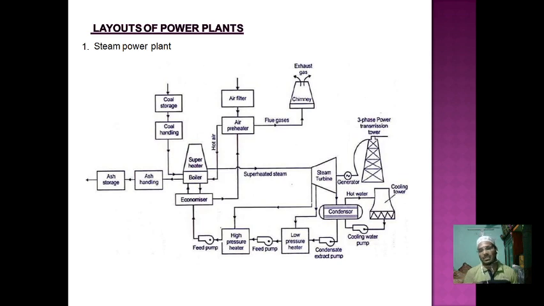After the three phase power transmission, the power goes to our electrical department, then to the inverter, which converts it to alternating current. Then the alternating current comes to our house or wherever we go.